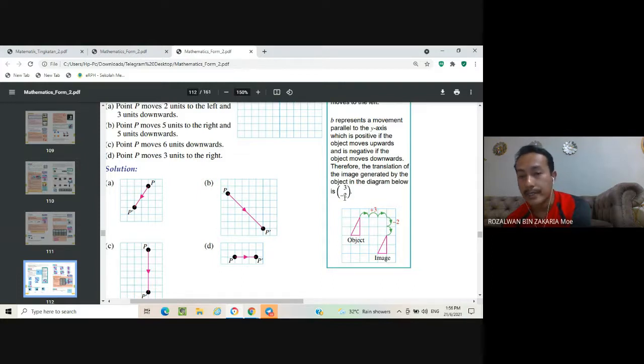Minus 2 means downward by 2 units. So after you reach here, it moves 2 units downward. So 1, 2. So this is the image for the point here. That's why the translation of the image generated by the object in the diagram below is in brackets 3 and minus 2. So you can write this.